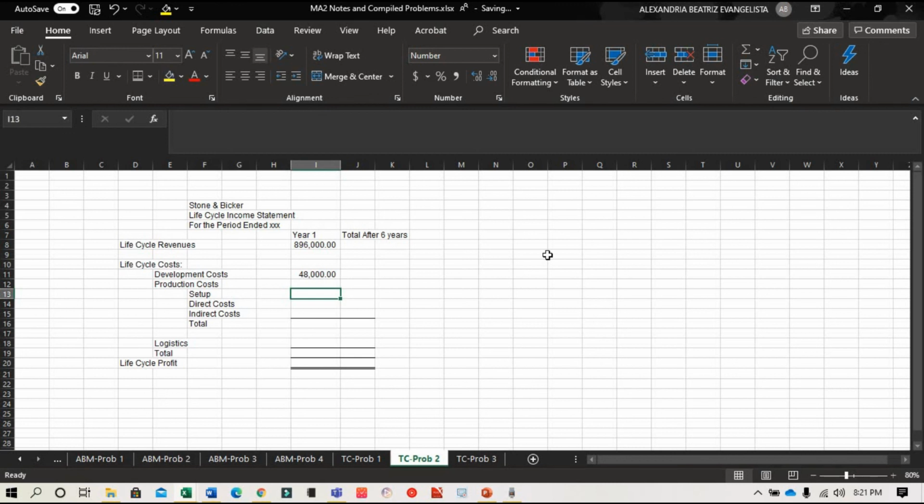Now let's go on to the production costs, which consist of the following: setup, direct costs, and indirect costs. For the setup costs, it is stated in the problem that every 6 months a new lamp pattern will be put into production. Each new pattern will require 11,200 in setup cost.